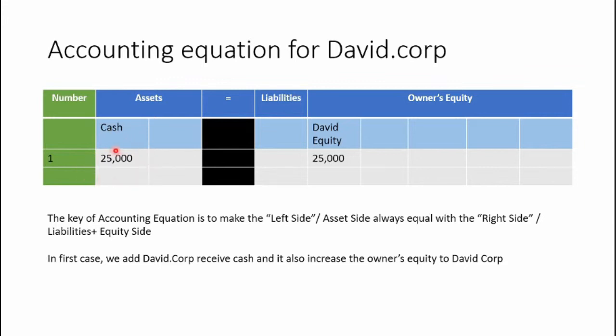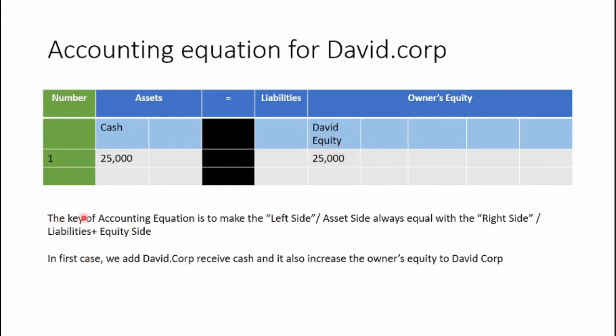And so we create the cash account here in the asset column, which has the amount of $25,000. And also on the right side, we record David's equity in owner's equity with the same amount of $25,000.